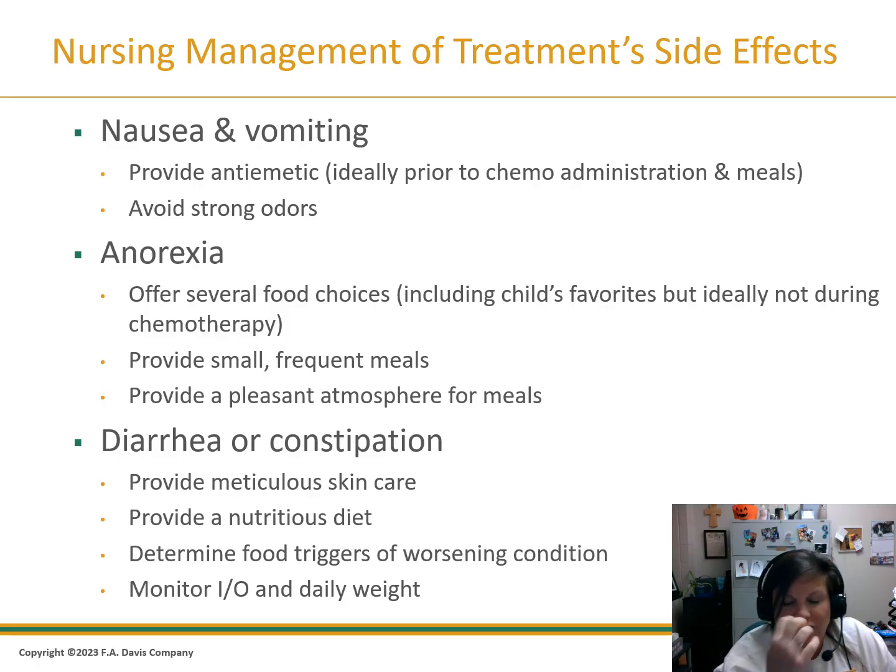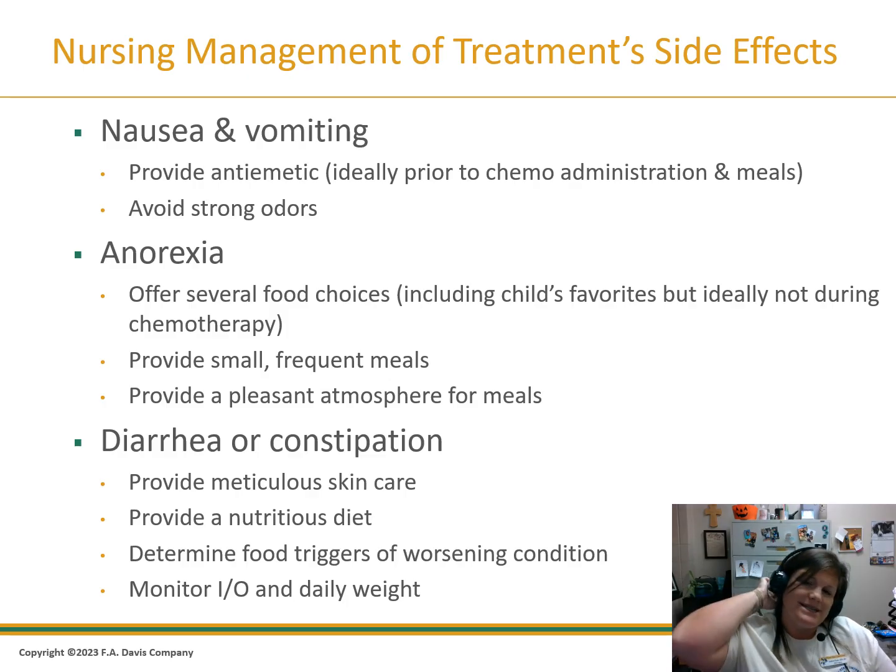Like, let's say their favorite food is chicken nuggets and it's breakfast time. It doesn't matter that it's not normally a breakfast item. We want to encourage it so that they eat something, but we don't want to do that when they're undergoing chemo, because we know the chances of them developing nausea and vomiting associated with it are pretty high, and we don't want them to no longer like those foods.